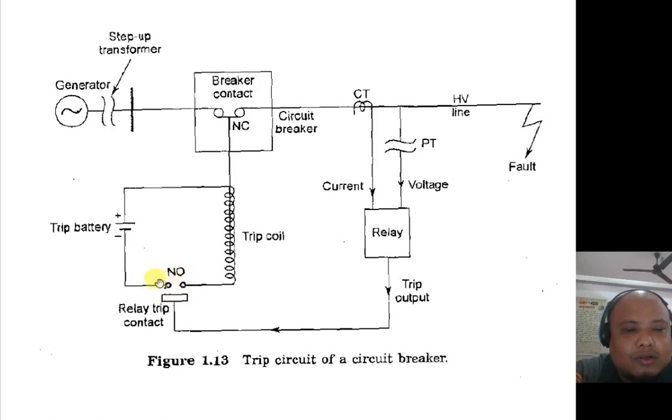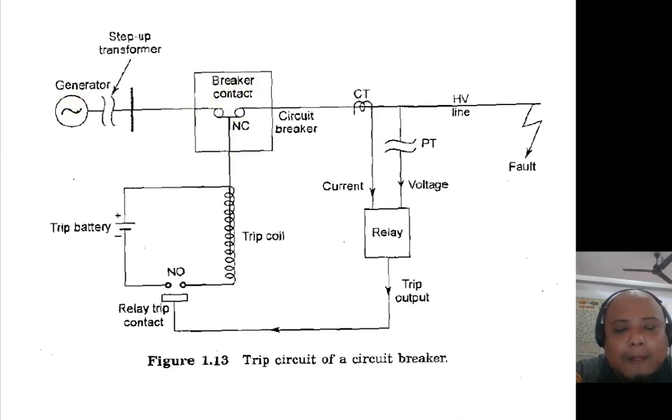Once this contact is closed, the circuit is complete and current flows via the trip coil. This trip coil produces enough electromagnetic force to pull down this contact away from the circuit breaker contacts. Once this contact is moved away, the two contacts of the circuit breaker are open and this part of the power system is disconnected from the source side.